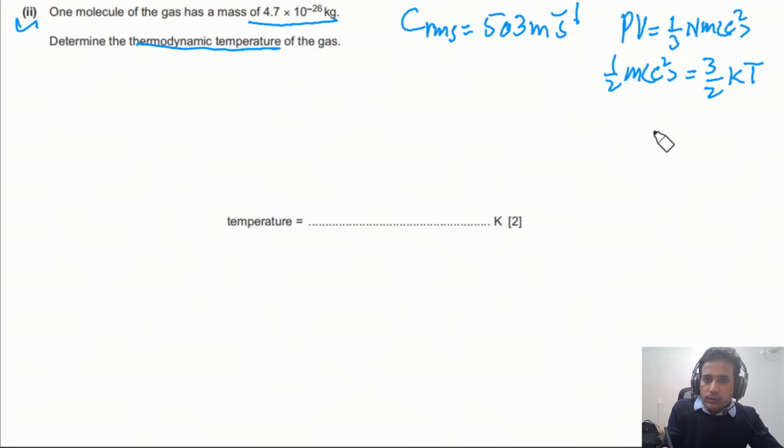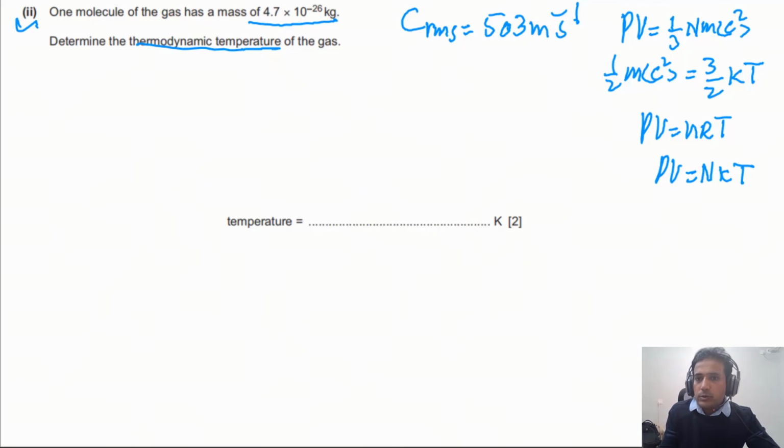And also we have PV equal to nRT and PV equal to NkT. Now if you look at these equations, I hope you will say this one is the right one. We can use this because this is the mass of one molecule and this is the mean square speed.